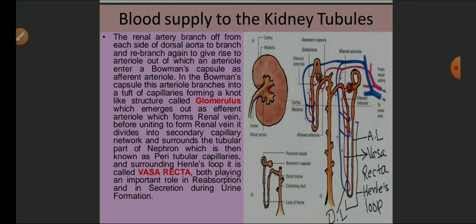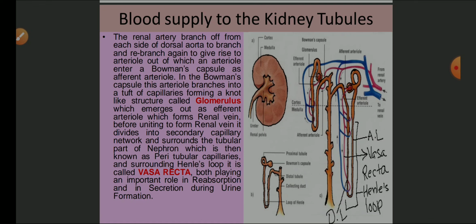The peritubular capillaries at a special area of the nephron, that is Henle's loop, is known as vasa recta. So what is vasa recta? Vasa recta are the network of capillaries surrounding the special part of the nephron, that is Henle's loop.